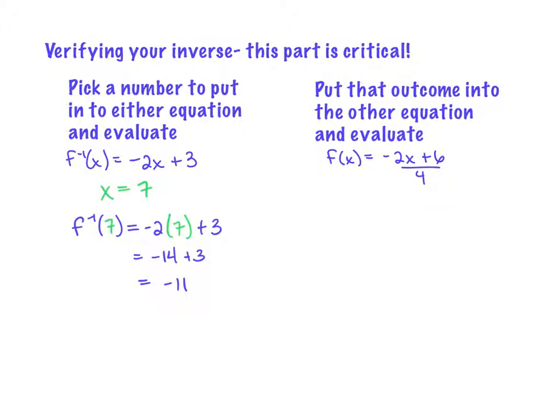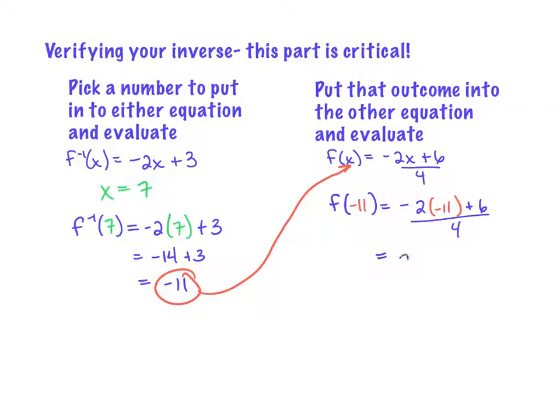Then I'm going to take that outcome, that's my outcome, and put it in for x into my other equation. So in this case, that's my original function. So f of, we'll go red, negative 11 equals negative 2 times negative 11 plus 6 over 4.